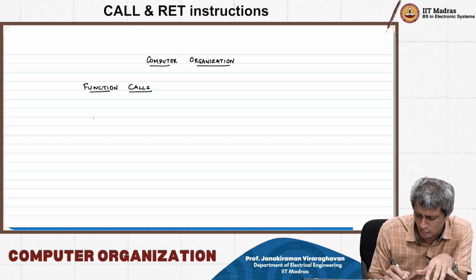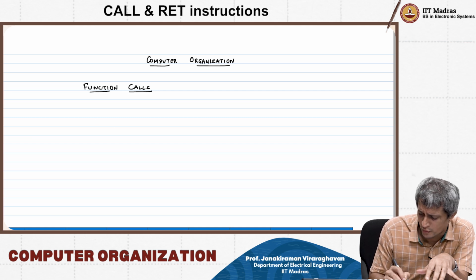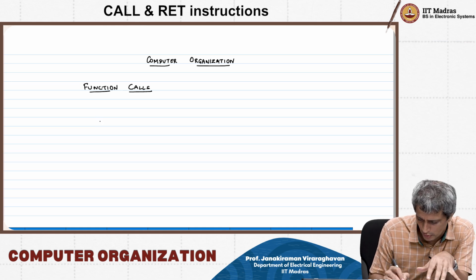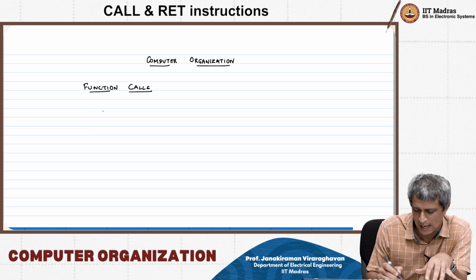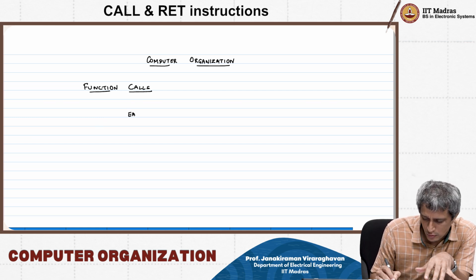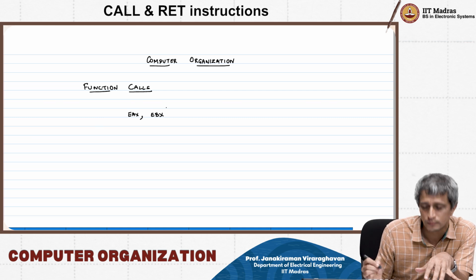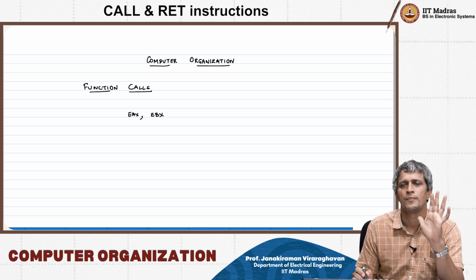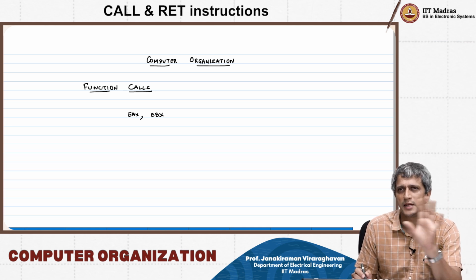So let us assume that I have some function which will do something very simple like adding two numbers. It will add, let's say I have a function that can add EAX and EBX. All I want this function to do is implement this addition of EAX and EBX.